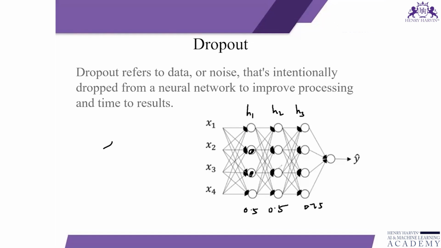It is just an example. Some nodes are getting switched off, like this one here. When I switch off a node, the output of this particular node is converted to zero.